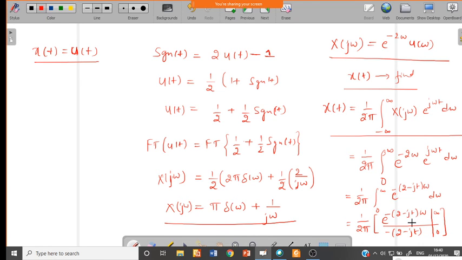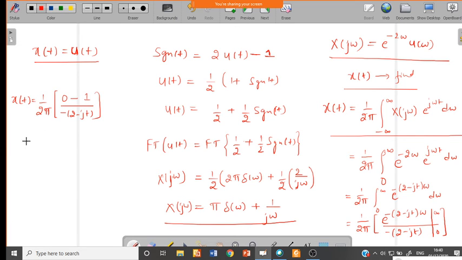The minus signs will cancel each other, and we get x of t equal to 1 over 2 pi into, at infinity 0 minus, at omega 0 the value 1, divided by minus of (2 minus jt).